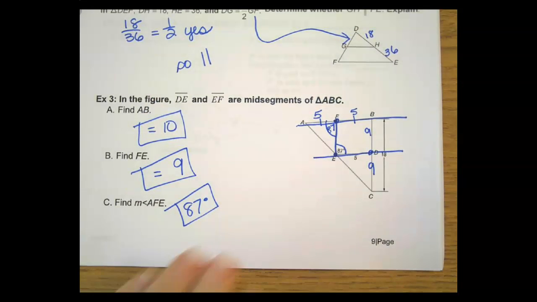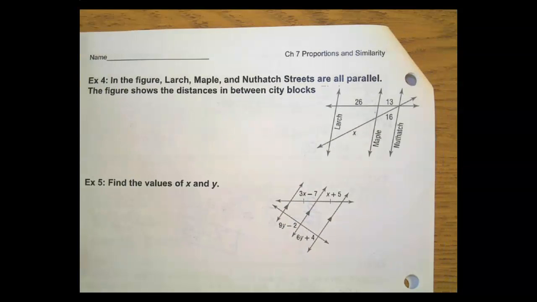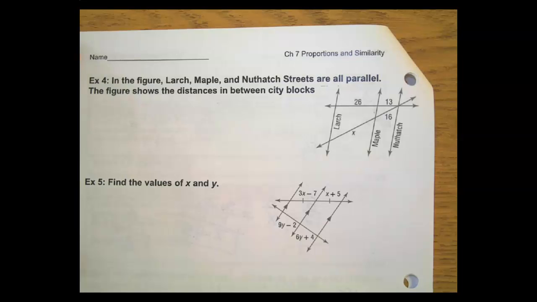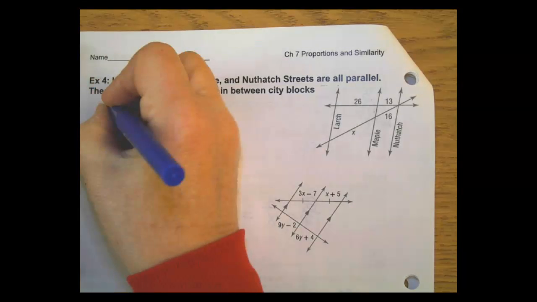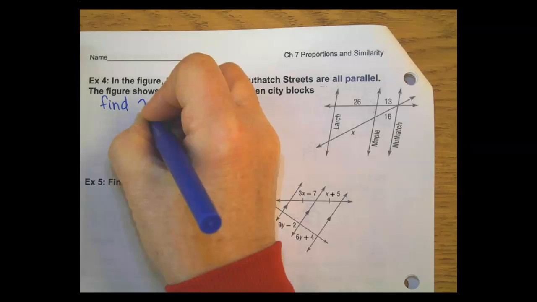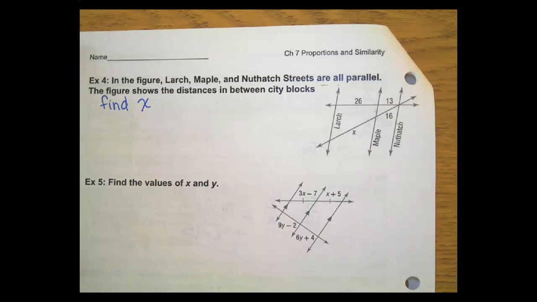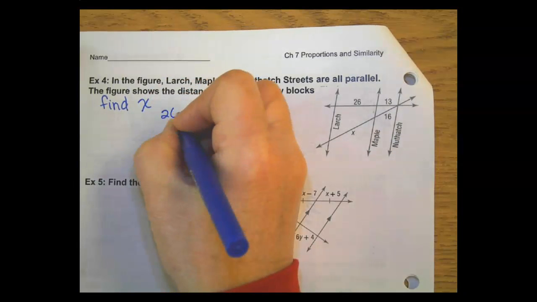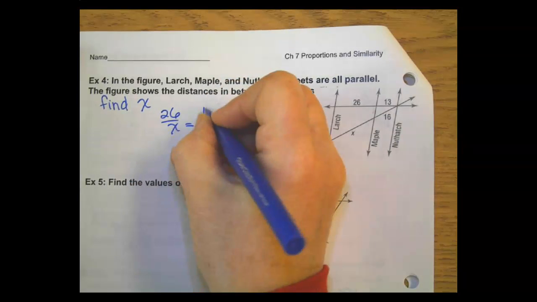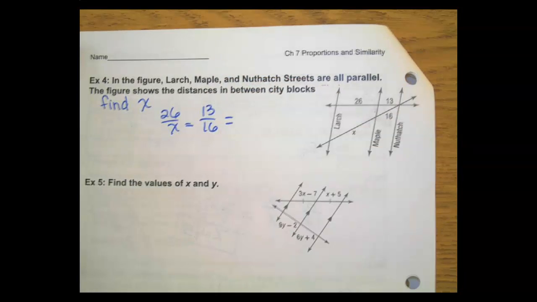All right, so we've got another one over here. More practice, which is probably good. So in the figure, Larch, Maple, and Nuthatch streets are parallel. So these are all parallel. The figure shows the distance in between city blocks. Find x. Now, can't we just do 26 over x is equal to 13 to 16 and cross multiply?